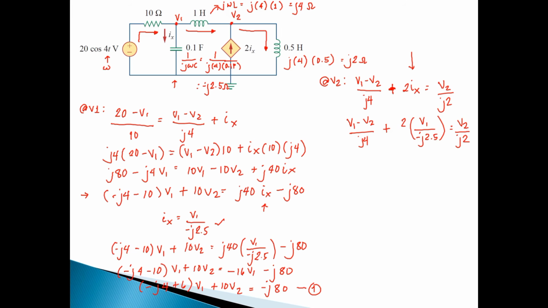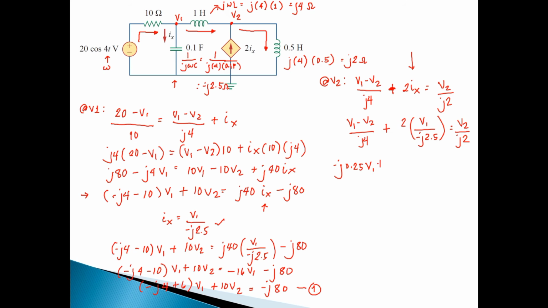So let us simplify. We have here negative j0.25 V1, since V1 over j4, that's V1 times 1 over j4, and 1 over j4 is equal to negative j0.25.